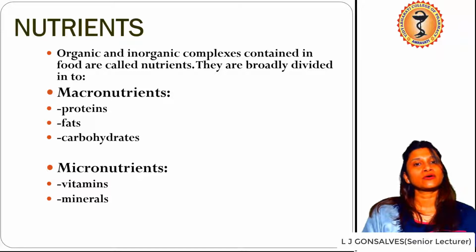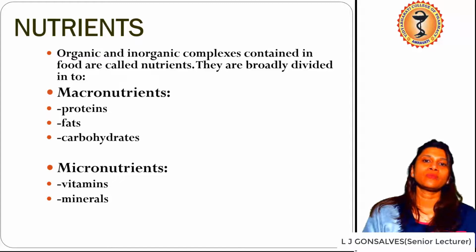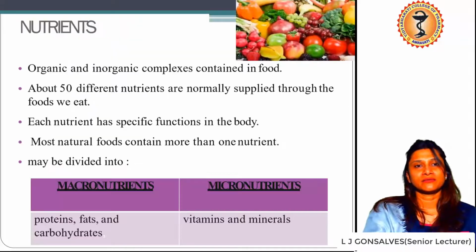The word macro indicates large, a high amount, whereas the word micro indicates small. So the nutrients contained in the body in large concentration are proteins, fats, and carbohydrates, whereas the nutrients which are present in our body in small amount are vitamins and minerals.